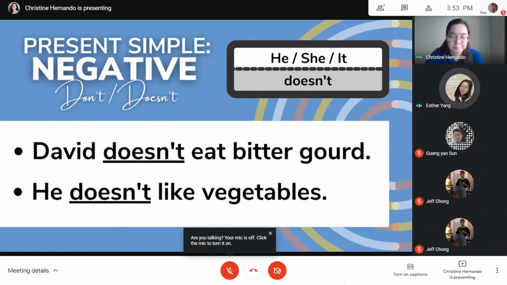The negative contraction used is doesn't, and the main verb is like. That's correct. So again, we applied the rule in the present simple negative. Because the subject is he, then we used the word doesn't. And also the base form of the verb like.